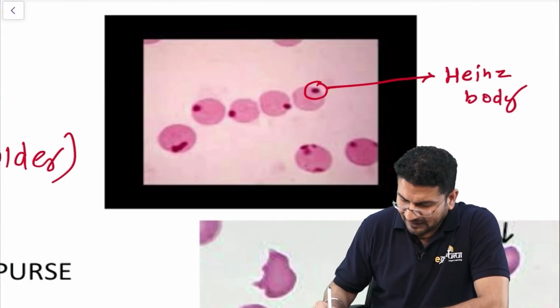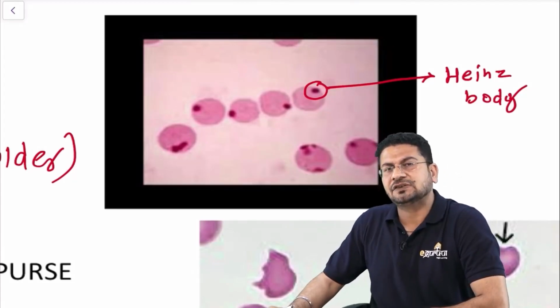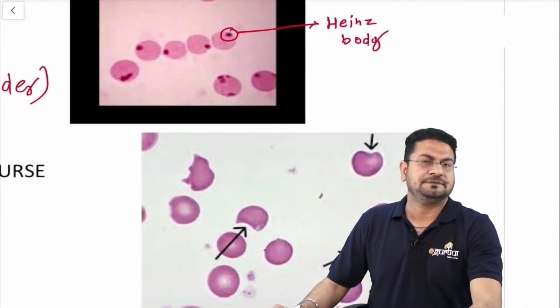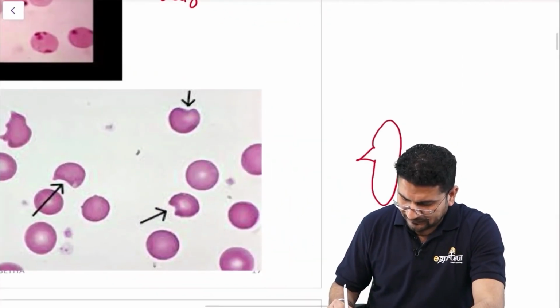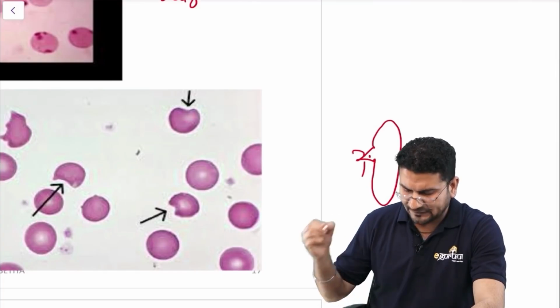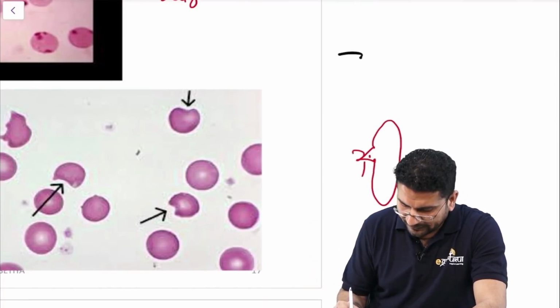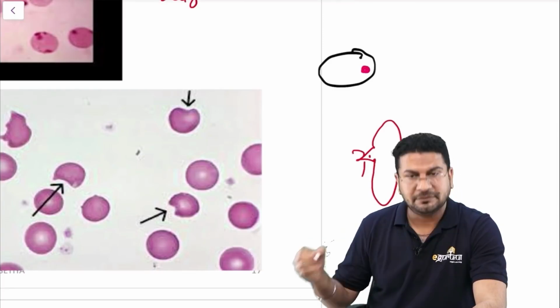Now understand this, splenic macrophages, they are like a possessive boyfriend. They can't see anything abnormal attached to an RBC. So what they are sensing is that something abnormal is attached to the RBC, so they will take a bite and try to remove it. If I draw this in front of you, this is your precipitated hemoglobin, we call it Heinz body.